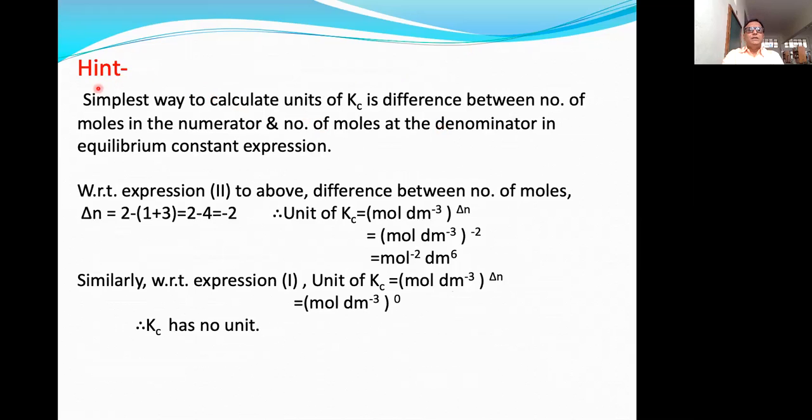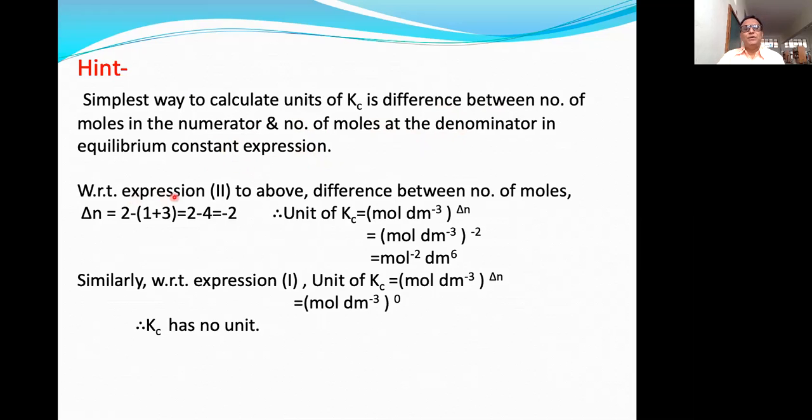Now one more hint is here for the unit of Kc. The simplest way to calculate units of Kc is the difference between number of moles in the numerator and number of moles in the denominator in the equilibrium constant expression.